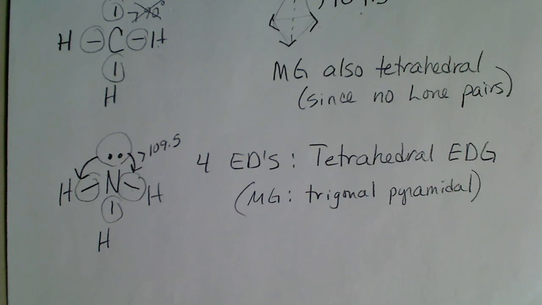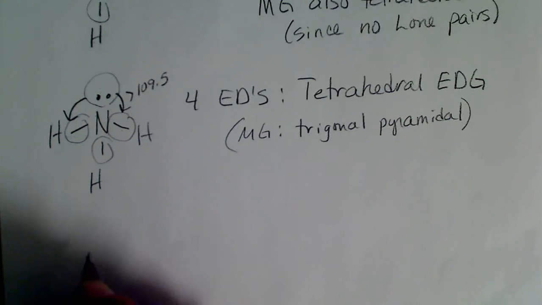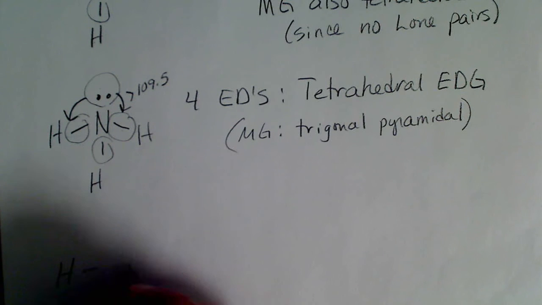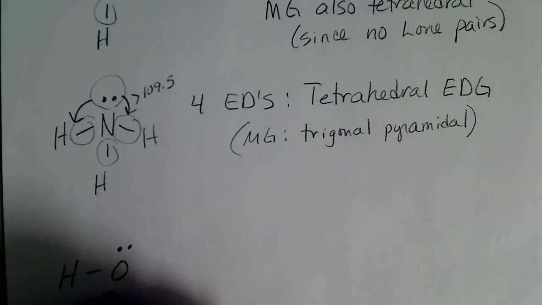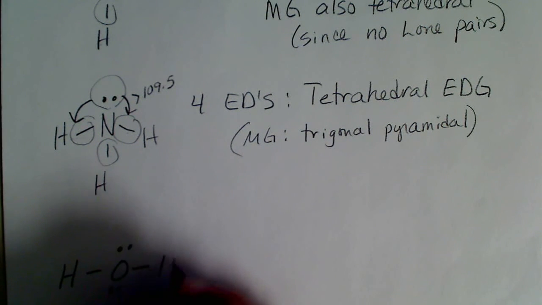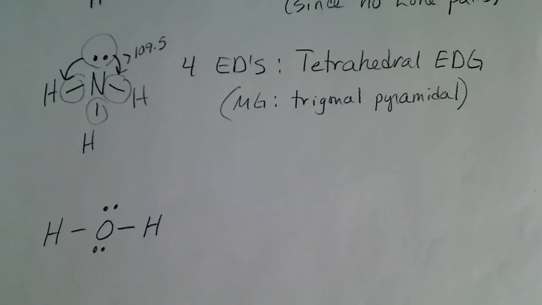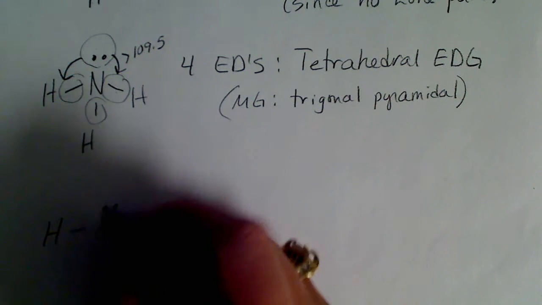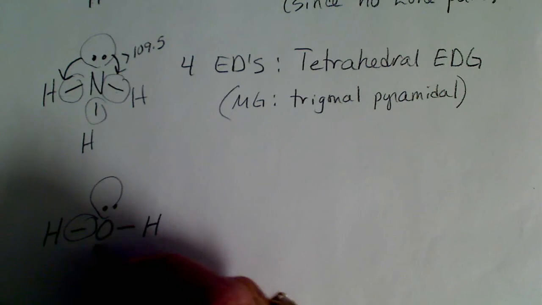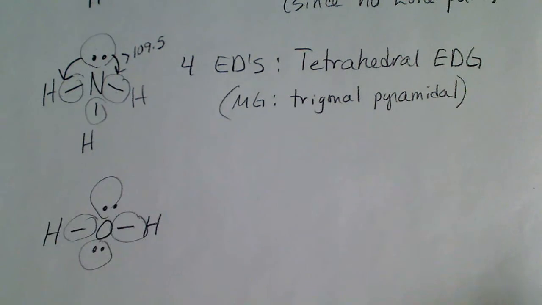There's another very common structure that's got 4 electron domains, and that would be water. So if we draw water's dot structure, it might look linear the way we draw the Lewis structure, but this also has 1, 2, 3, 4 electron domains.